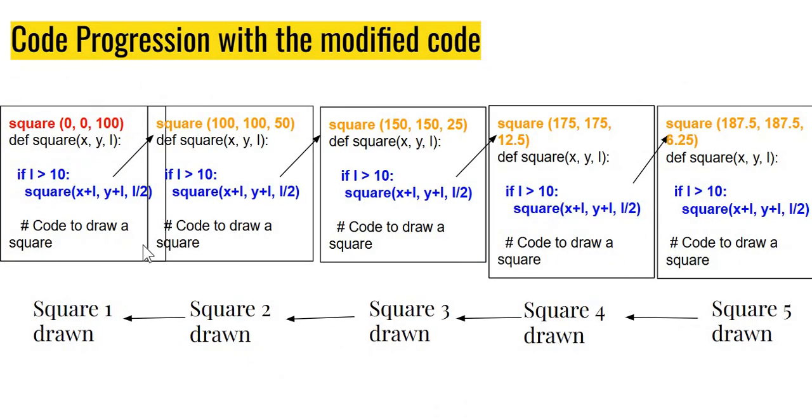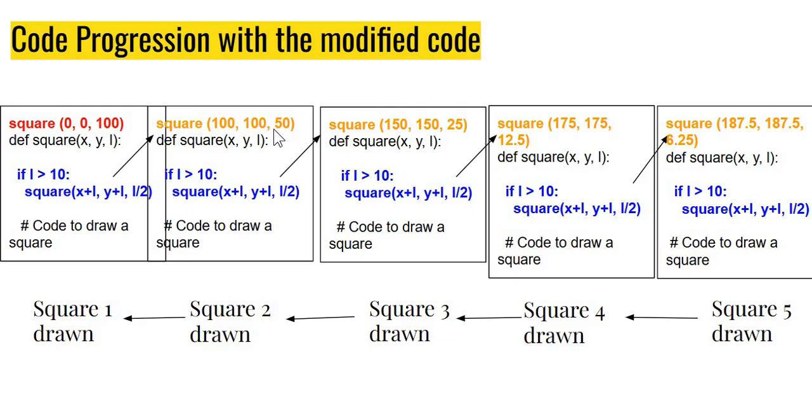Now let's visualize it one more way. Square 0, 0, 100 is the command I give from the command line. The function runs from top to bottom, so the first statement I encounter is: if L is more than 10, call square x plus L, y plus L, and L by 2, which means I end up calling square 100, 150.